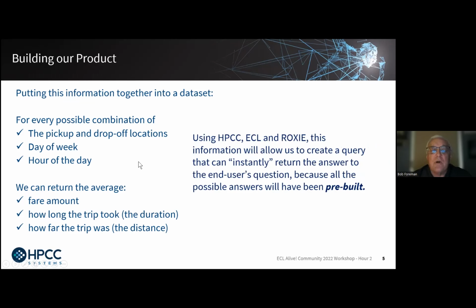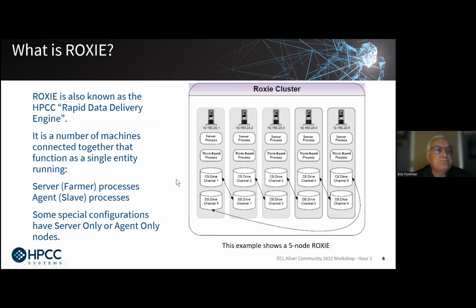To do this, we're going to use, of course, HPCC, ECL, and ROXIE. We will create a query that can instantly return the answer to the end user question, because all of the answers will have been pre-built and stored in our delivery system, which we're calling an index.